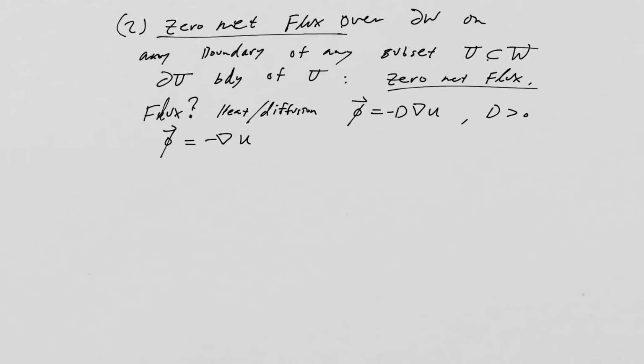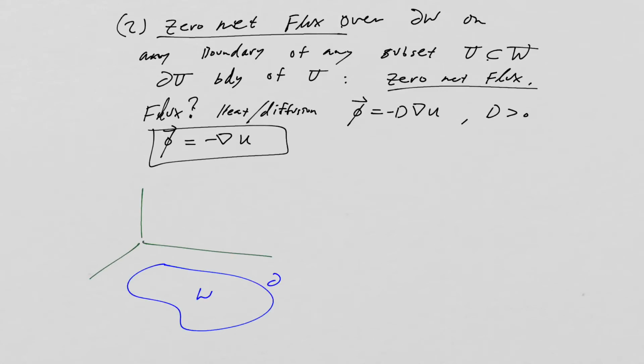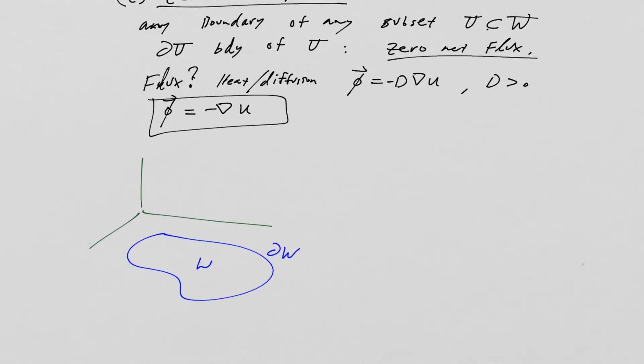The D parameter doesn't really matter at all. Okay, so we could take that as our flux field. So again, we have our boundary. There's W, and there's the boundary right there. And then what we can do is look at the normal at every point on the boundary. Those normals are always orthogonal to whatever the tangent of the boundary is, like so.